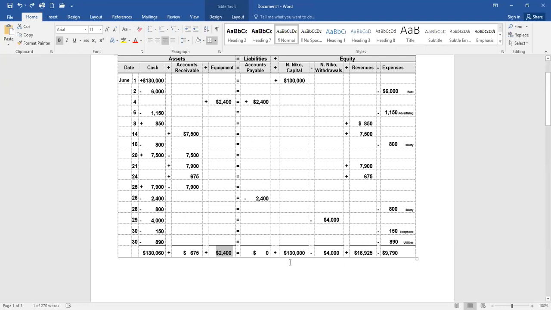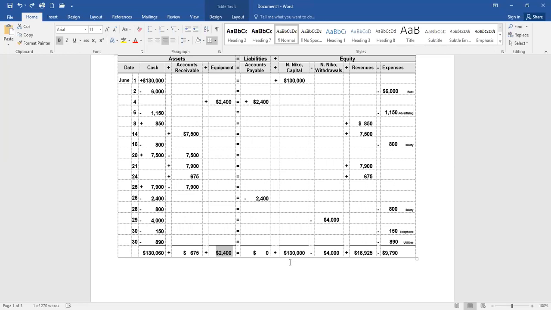Now, if we take our accounts payable as zero, plus the investment by the owner of $130,000, subtract the $4,000 of withdrawals, add the $16,925 of revenue, and expenses decrease the equation, so subtract them.